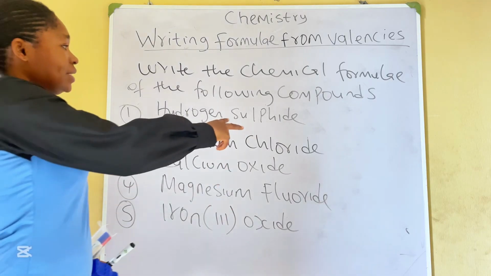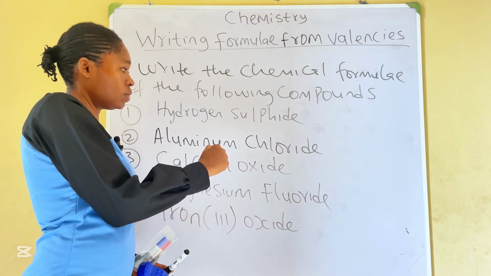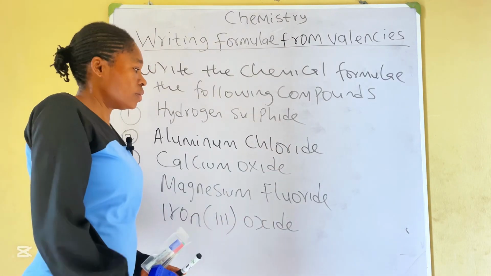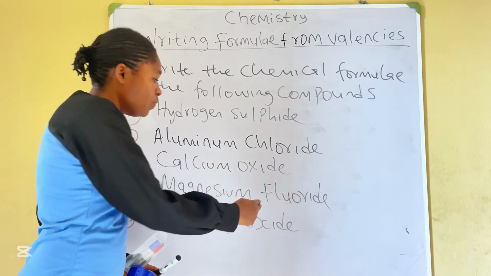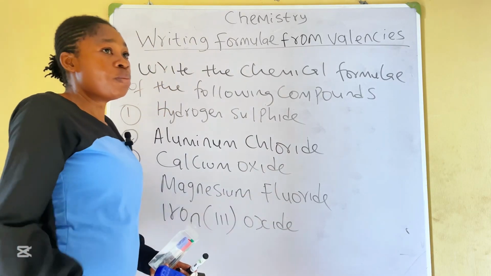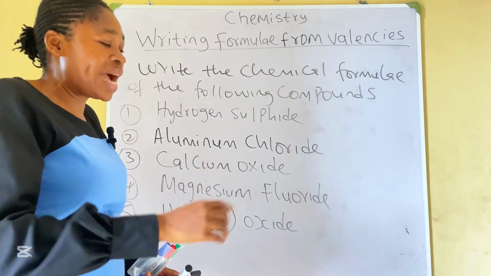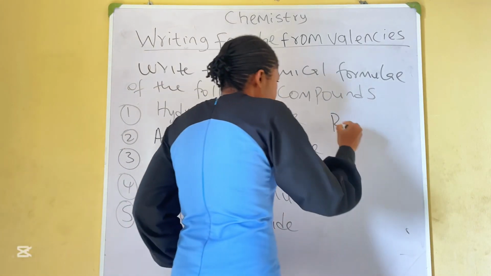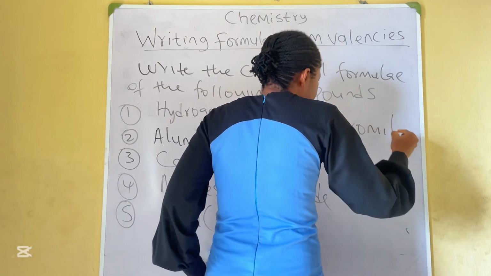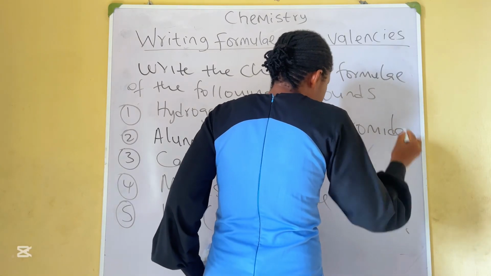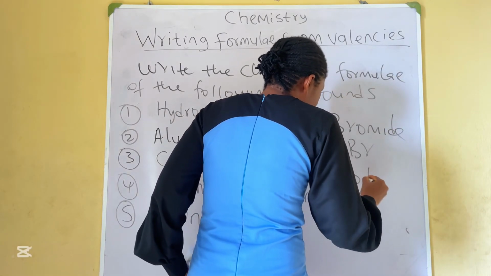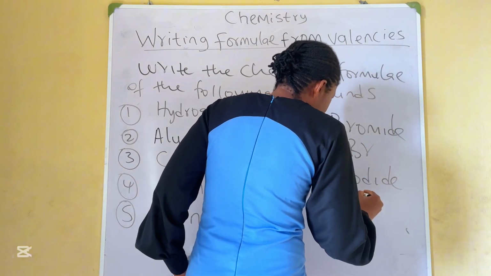So the sulfide, that is sulfur. Chloride is what? Chlorine. Oxide, that's oxygen. Fluoride is fluorine. Bromide is what? Bromine. If you hear bromide, it means bromine. Iodide is what? Iodine.